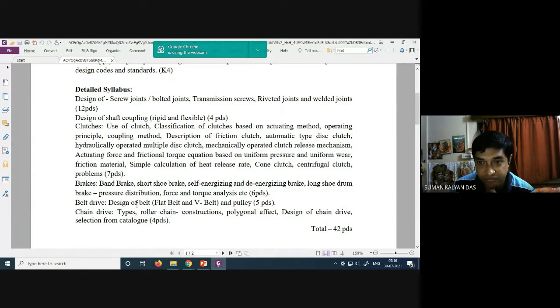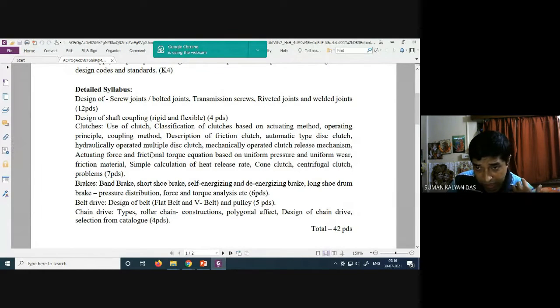Then belt drives. Belt drives are definitely used for power transmission when the distance between two shafts is very high. Apart from that, they are also used for conveyance purposes, for shifting an object from one place to another. The design of belt drives, then chain drives, are also in our syllabus.